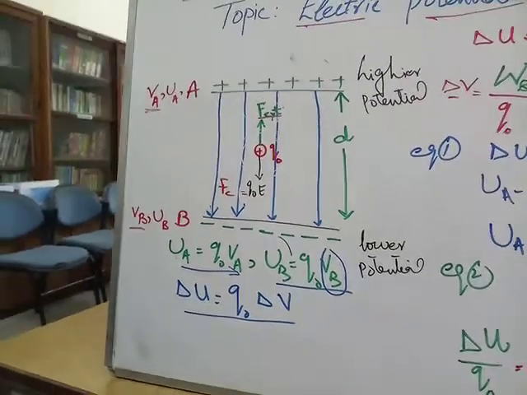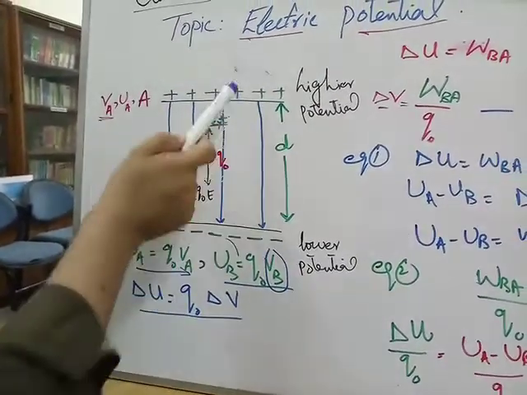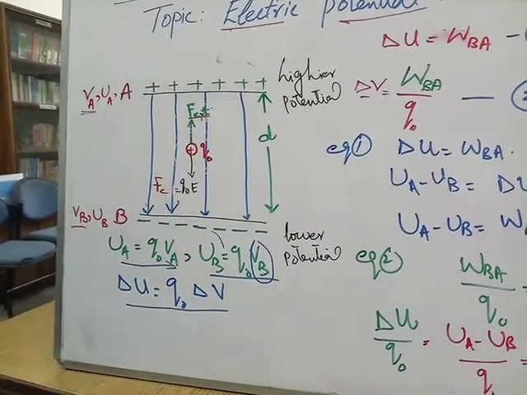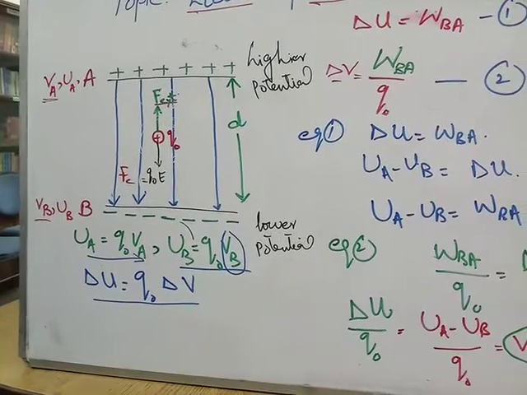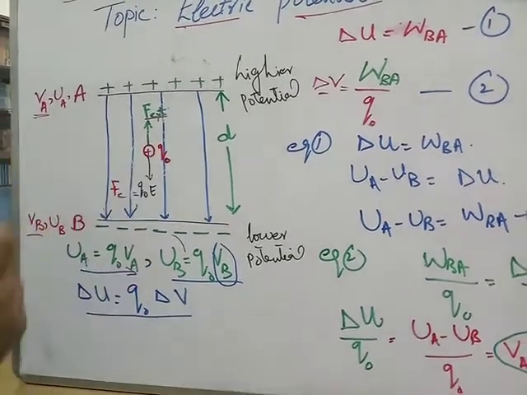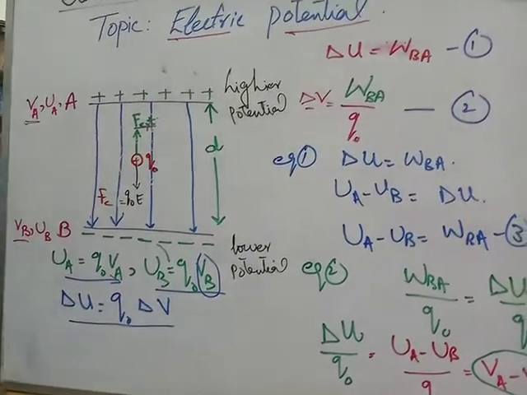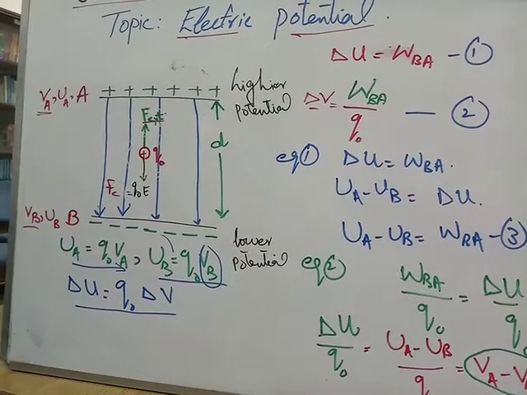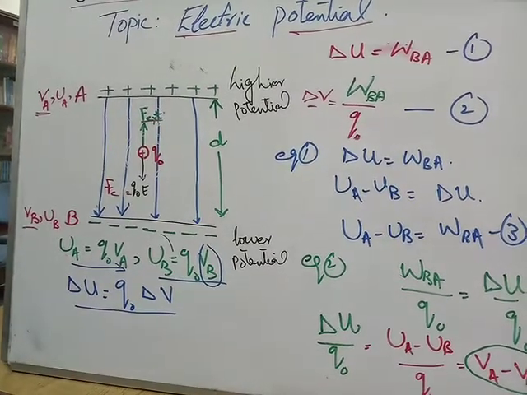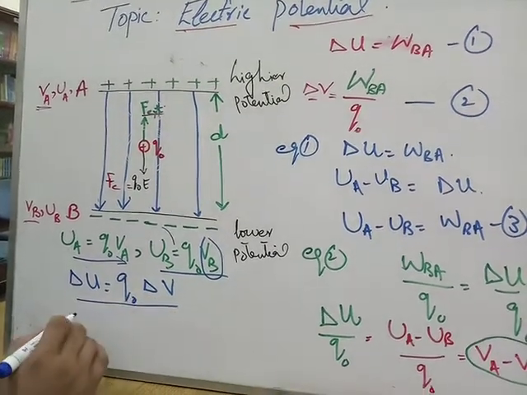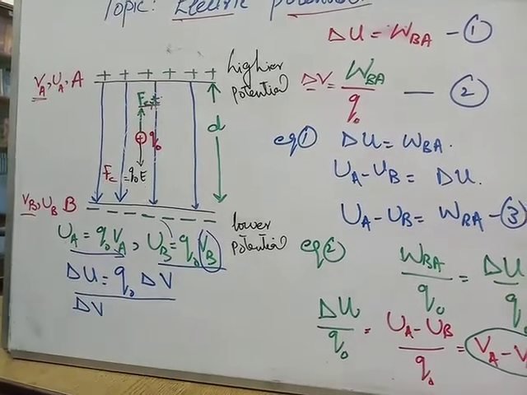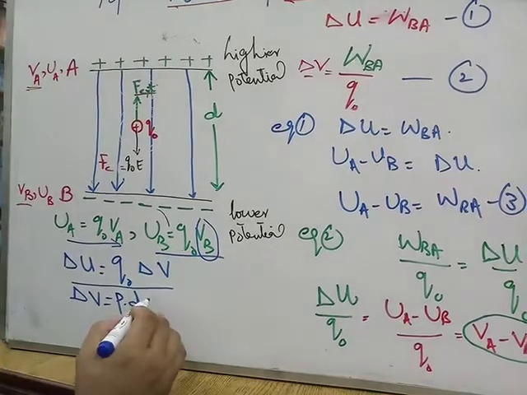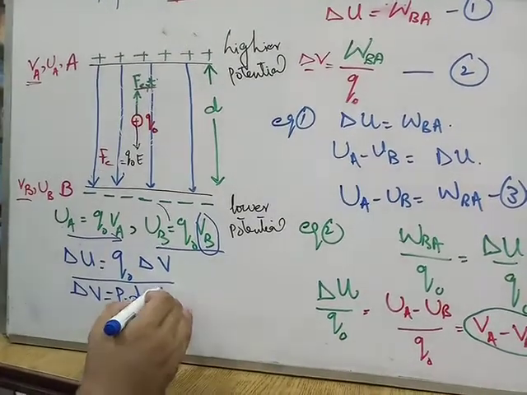Work done on a charged particle while carrying it from low potential to higher potential is called the work done. And when we apply some condition for electrostatic equilibrium, we can call this the change in potential difference. So delta V is called potential difference. The unit of potential difference is volt.